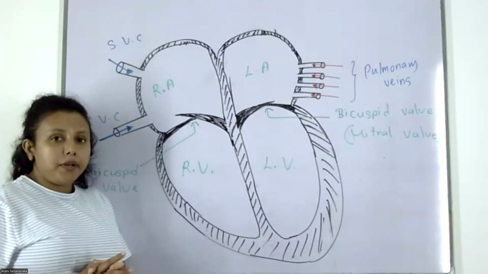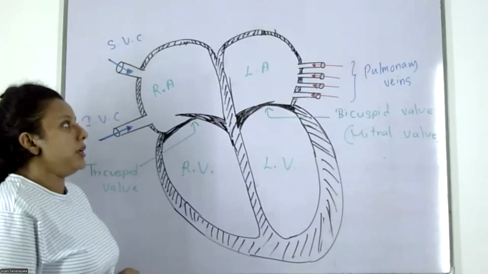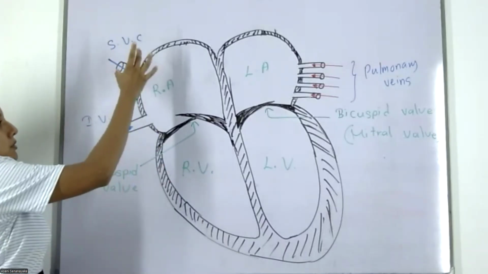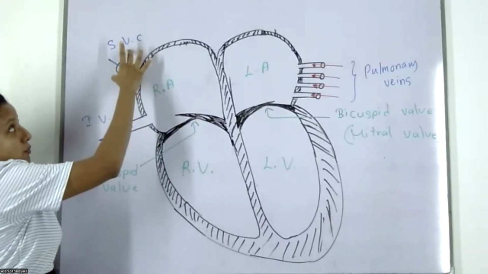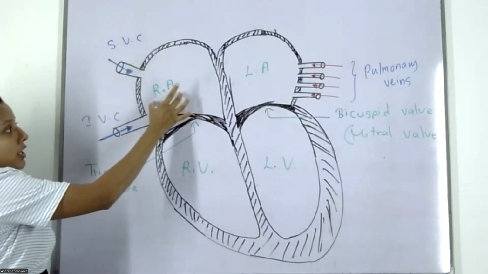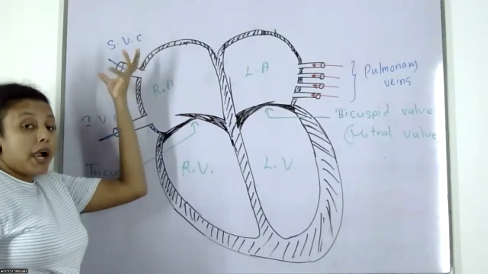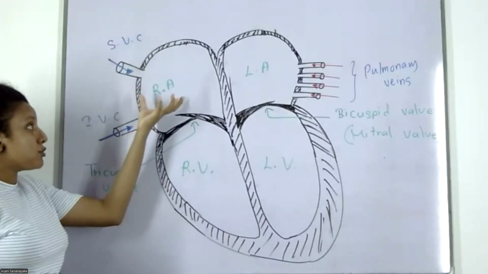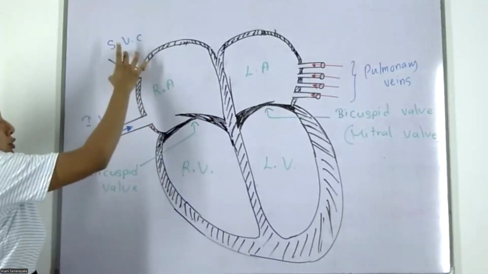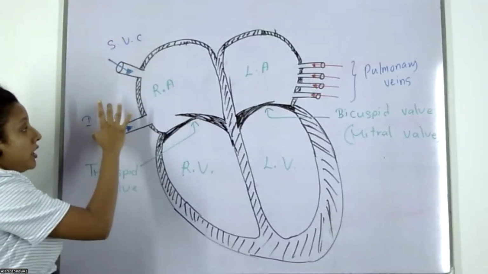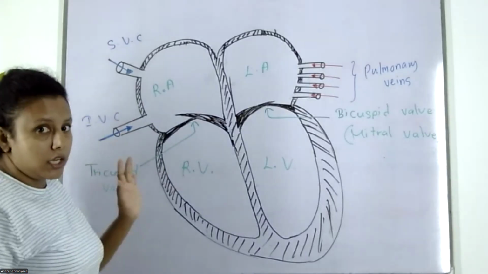How does the blood pumping happen? First, blood comes to the right atrium through the superior vena cava and inferior vena cava. Listen carefully.